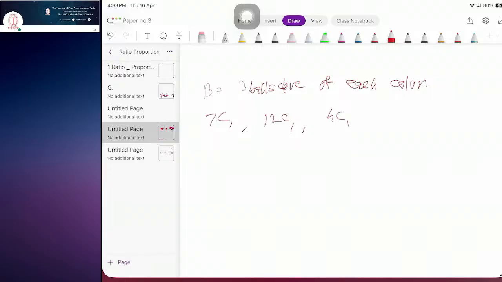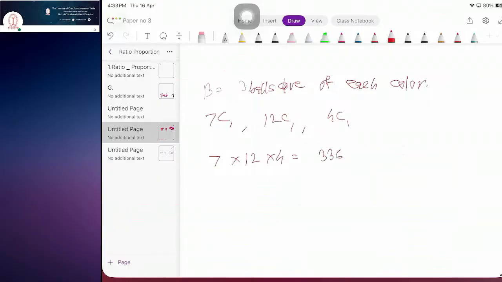So this and this and this, and means multiplication. So you will get here 7 multiplied by 12 multiplied by 4, that comes out to be 336.